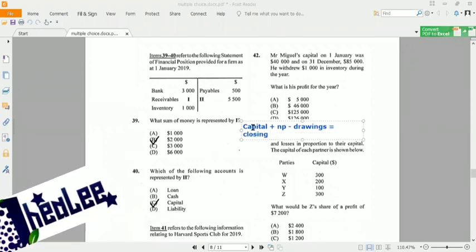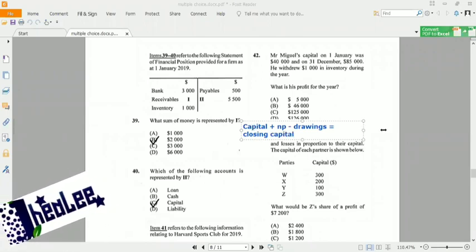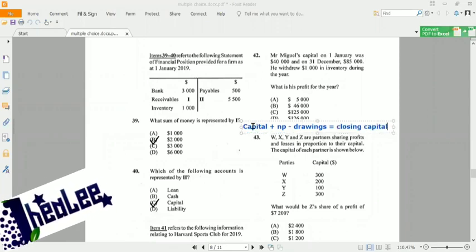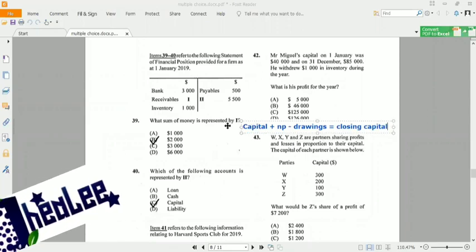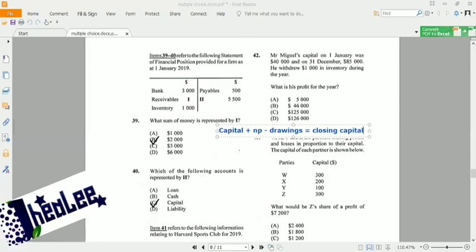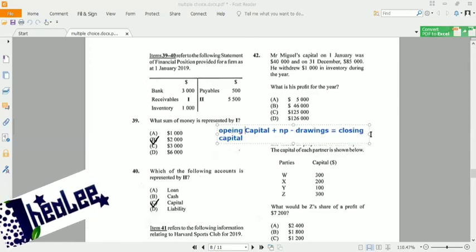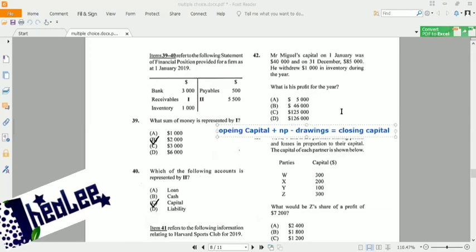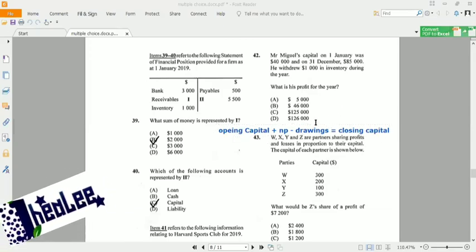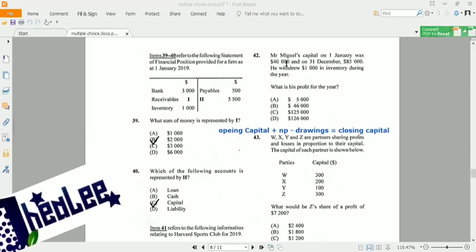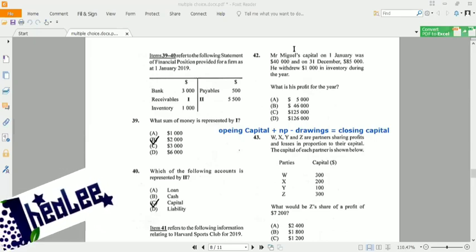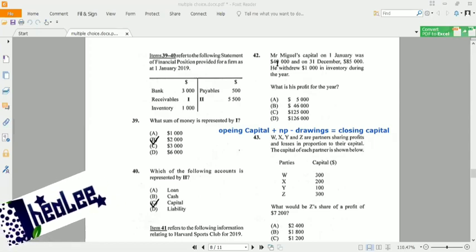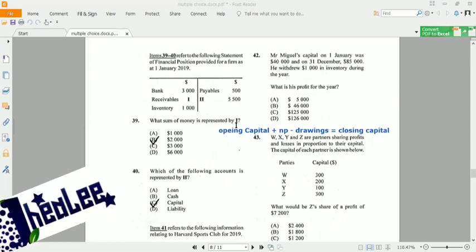Should I put opening capital there for you? The capital at the beginning would be our opening capital. And if they have introduced additional capital during the year, you would have added that as well. We have this information right here: 40,000, which represents the old capital, so we're going to put 40,000 right there.